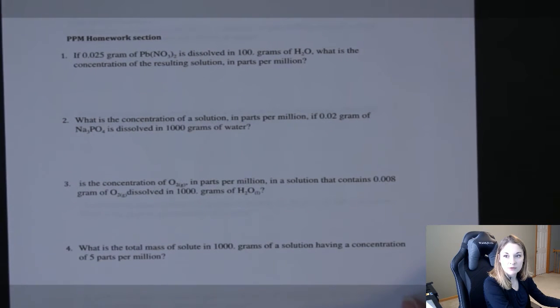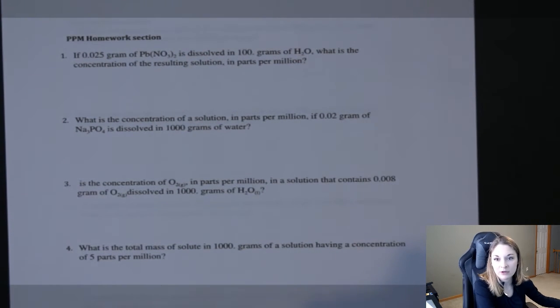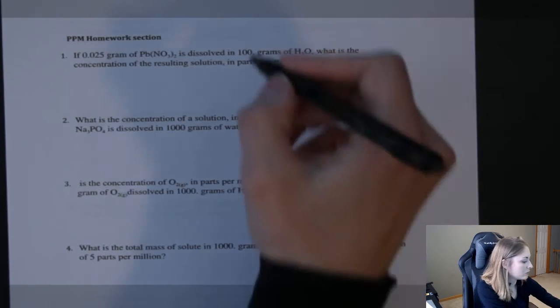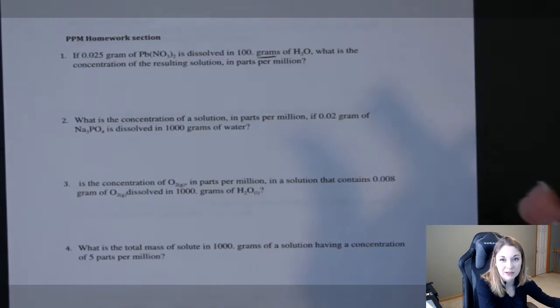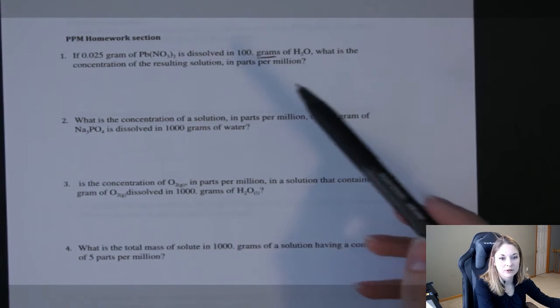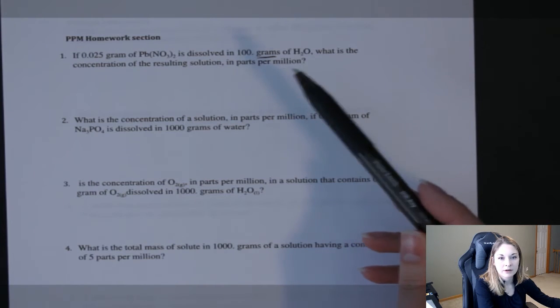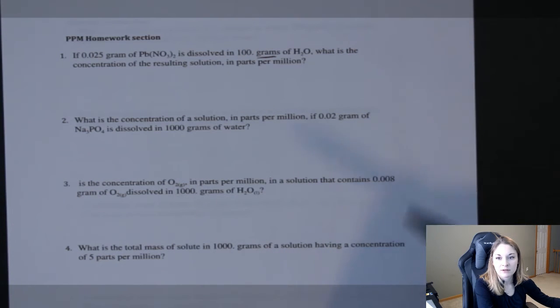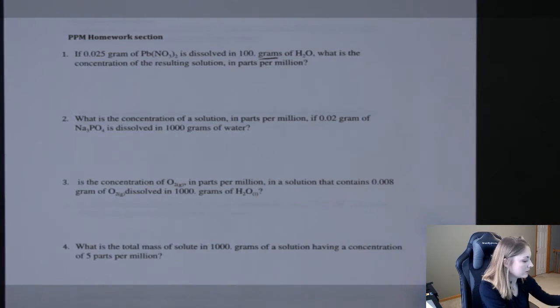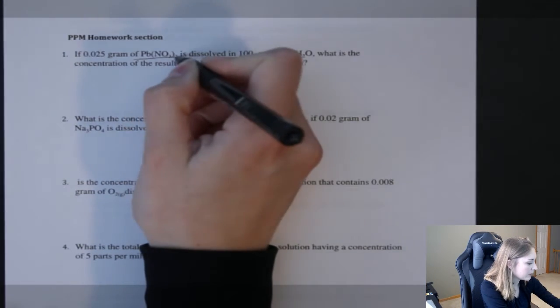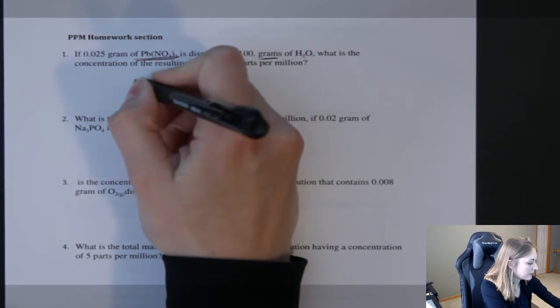So our first problem says that you have 0.025 grams of lead nitrate and it's dissolved in 100 grams of water. You can assume that 100 grams of water is the same as milliliters. I put it in a mass for you so that you wouldn't get confused. But if you were to use other text, that might say milliliter. And it's asking what is the concentration in parts per million. So all you're going to do is you're going to identify this minority part or this solid as our solute.